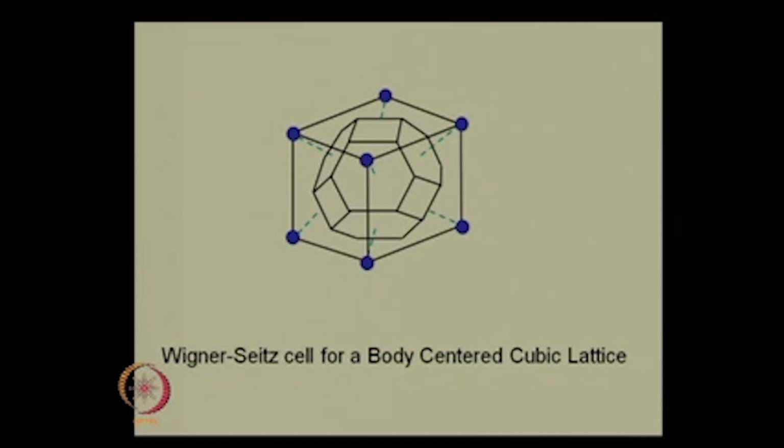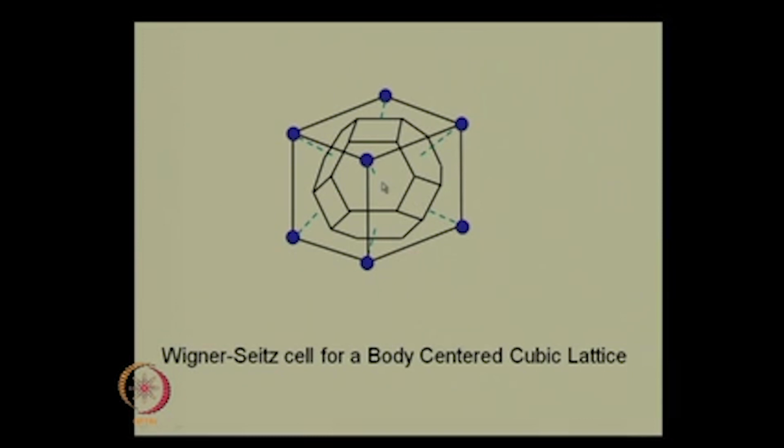When you do that, the structure that you see here is what remains as the centermost region close to this point, which now identifies the region that is closer to the central point than to any other lattice point, right.